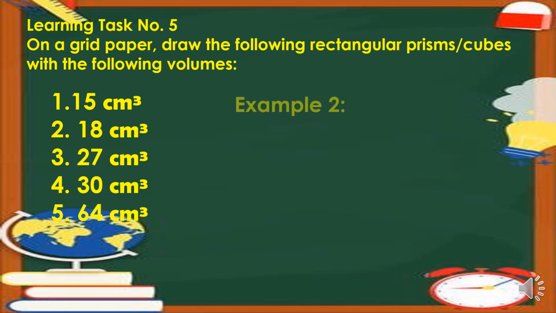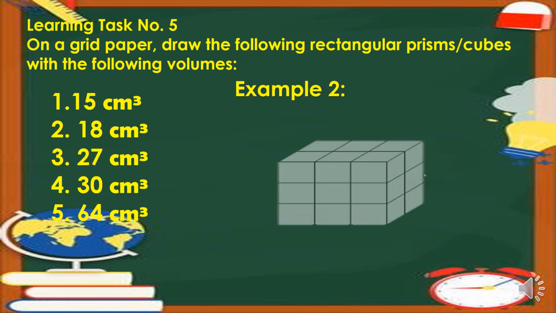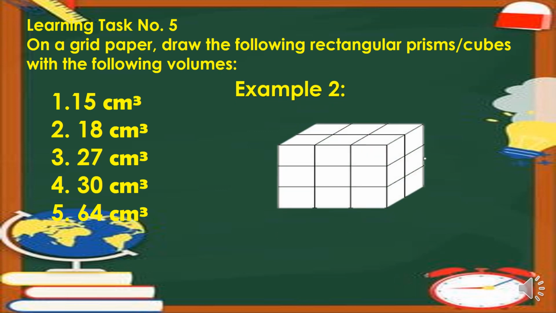Okay, so this is the figure for example number 2. We have 3 centimeter, 2 centimeter, and then 3 centimeter. Again, we will be using the formula V is equals to length times width times height.